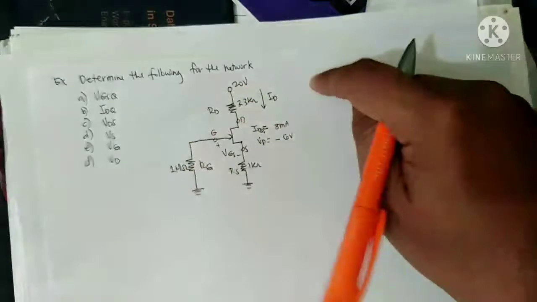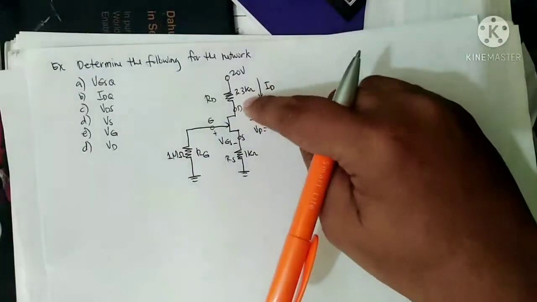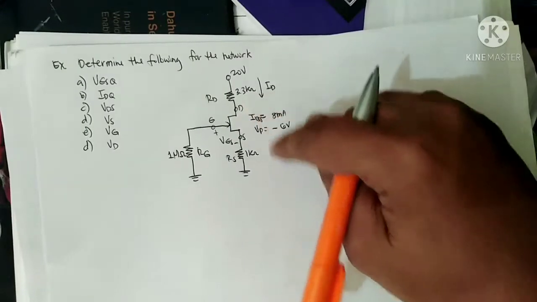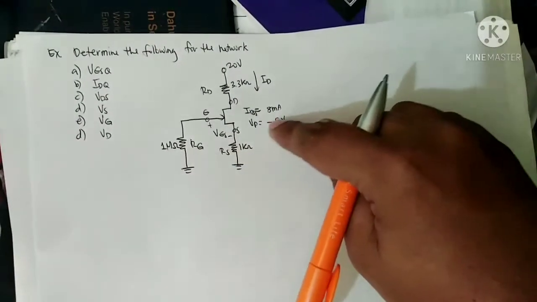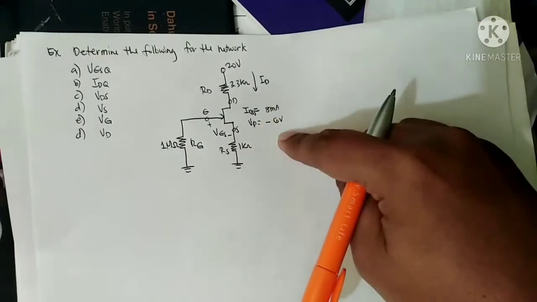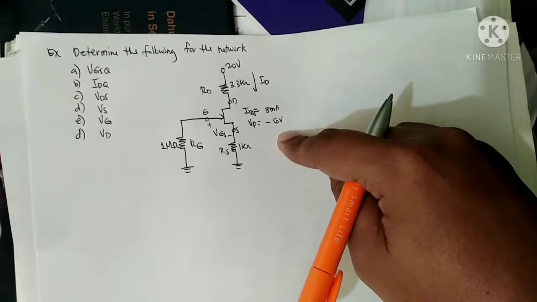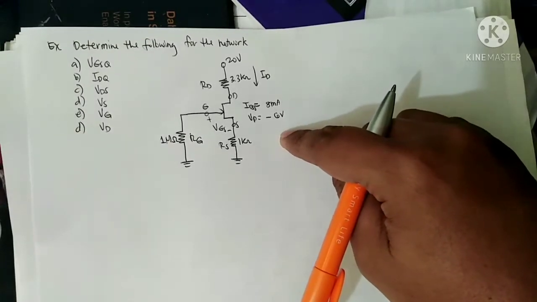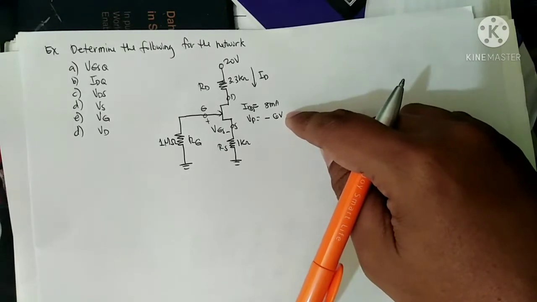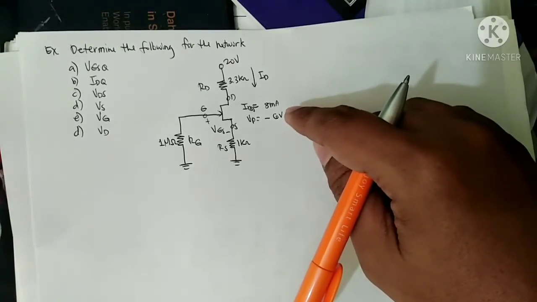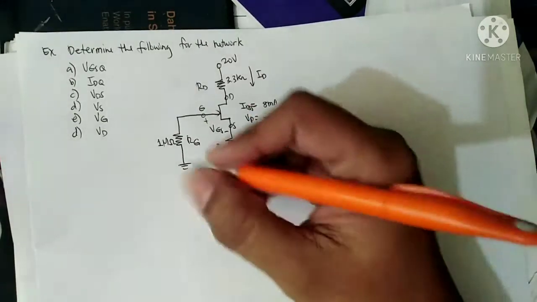This is the network circuit diagram where RD is equal to 3.3K, RS is 1K, RG is 1 megaohm, IDSS is 8 milliamps, VP is equal to negative 6. So which one are we going to solve first? First let's solve VGSQ.